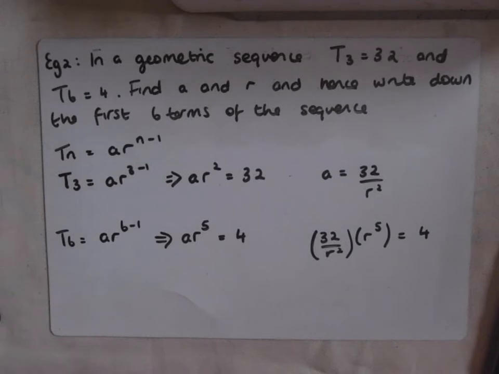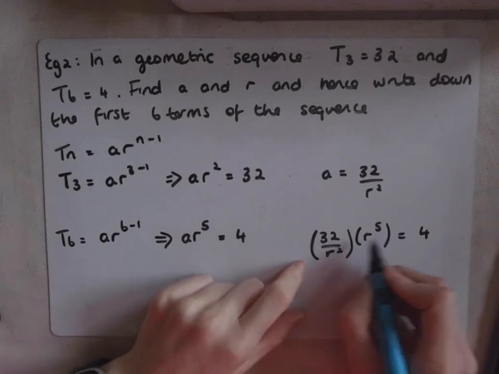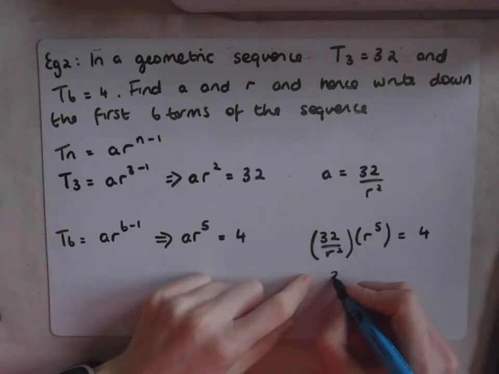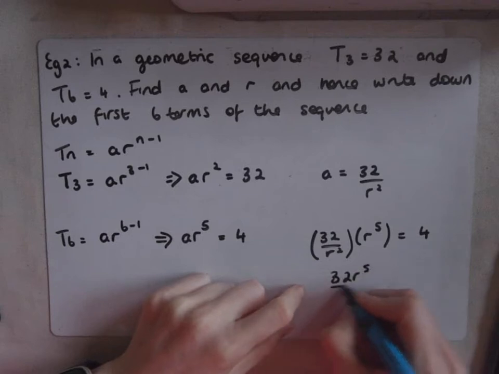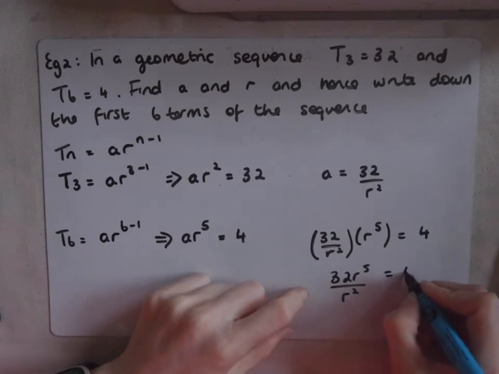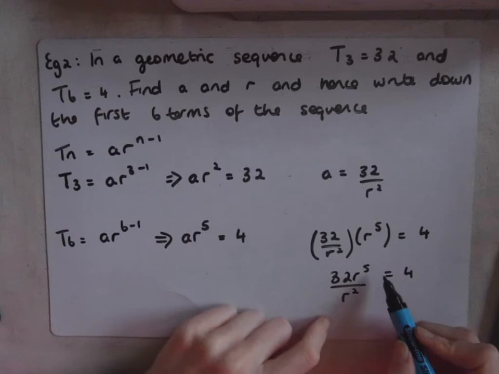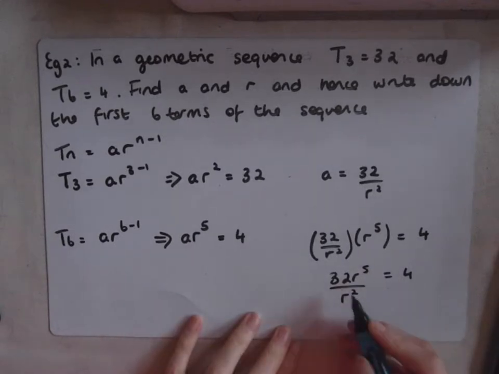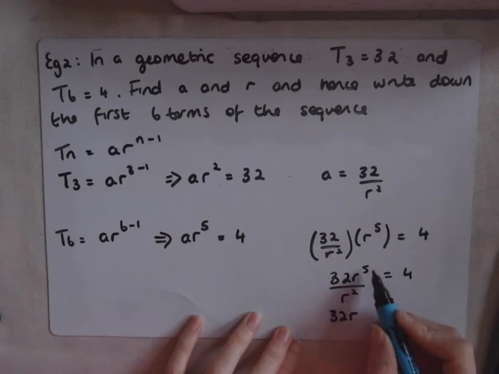What do I do when my bases are the same and I'm dividing powers? What do I do with the powers? Minus. Yeah, lovely. This is 32 r to the power of 5 over r squared. Now r to the power of 5 over r squared, you take away the powers, so 5 take 2 is r cubed.